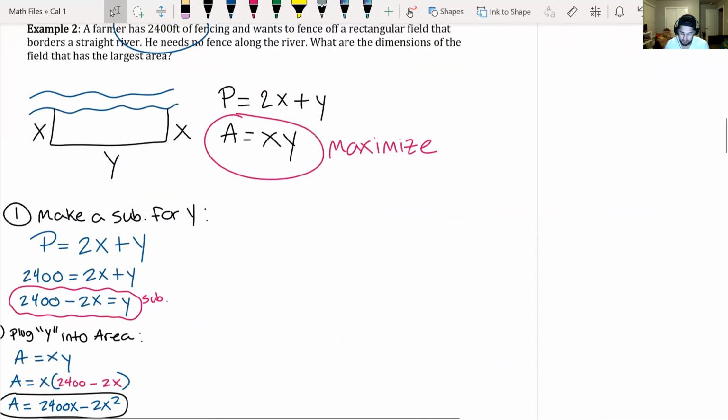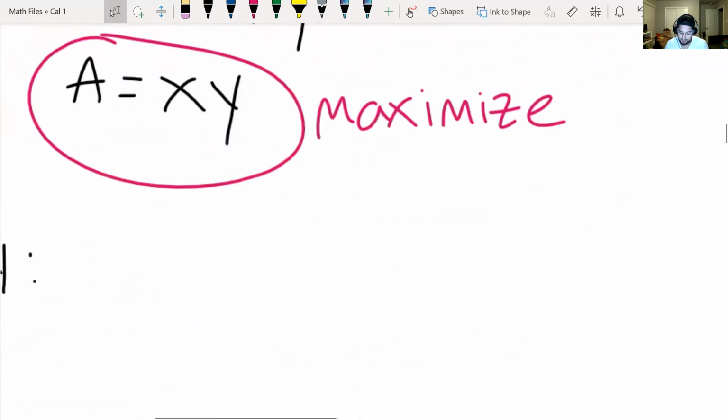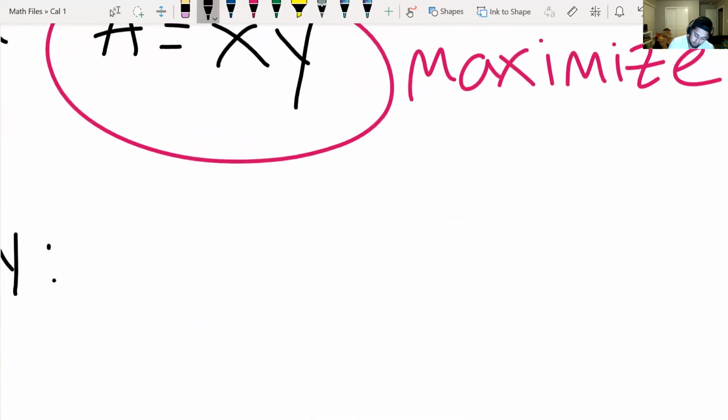And then step 3, I'll come over here to make the most of my space.